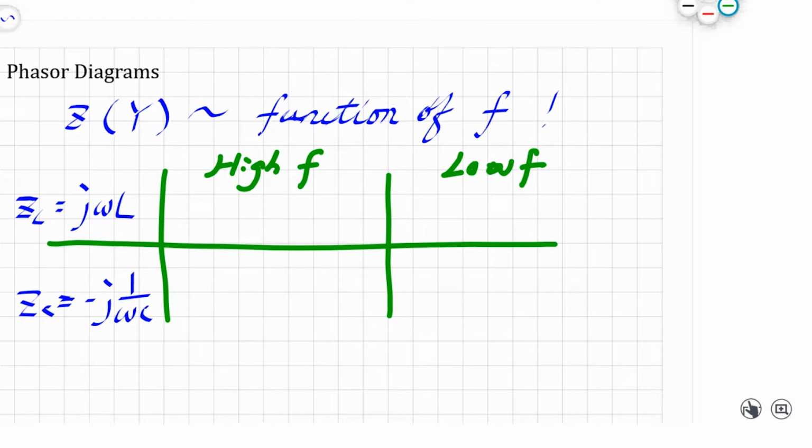You can see from the frequency dependence of the impedance of the inductor that if omega is high, this is large: the impedance of the inductor is very large for high frequency. On the other hand, if the frequency is low, the impedance of the inductor is small.